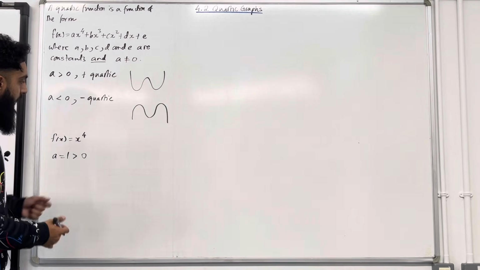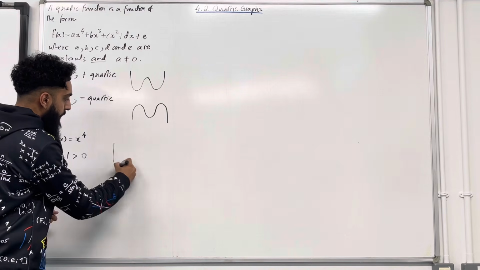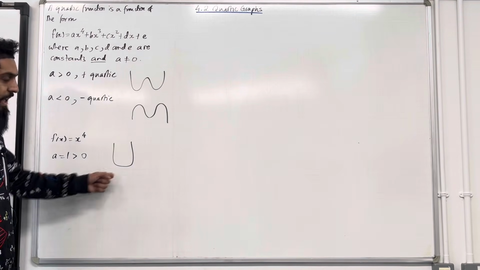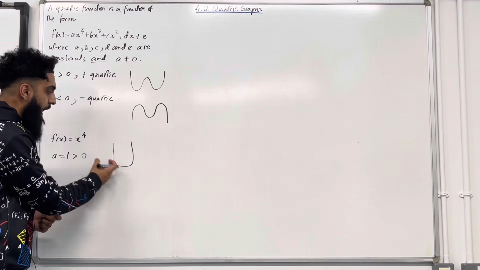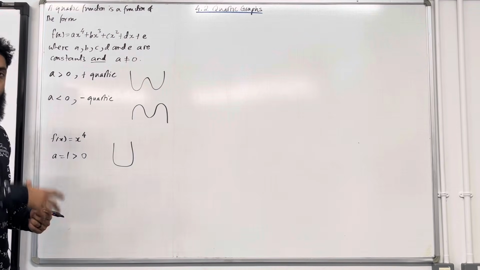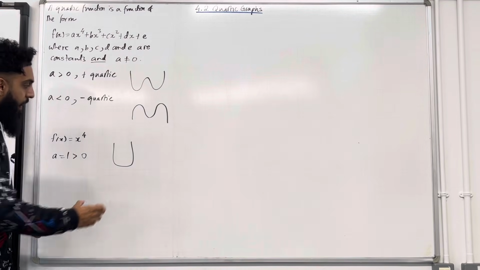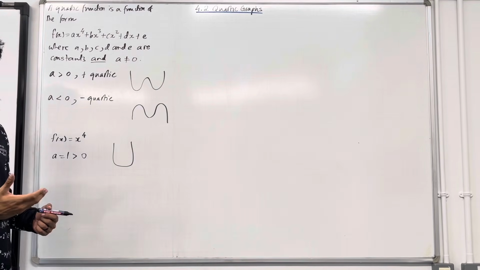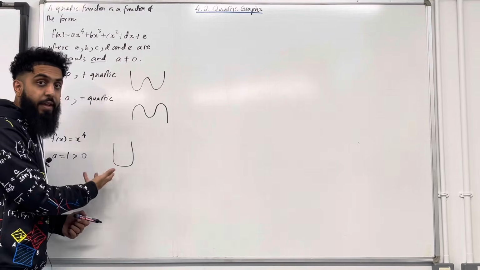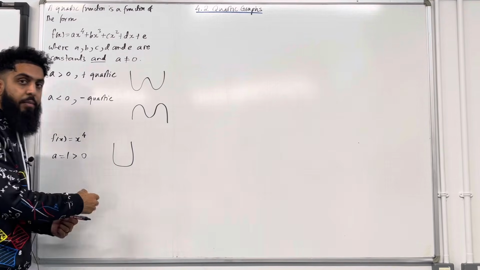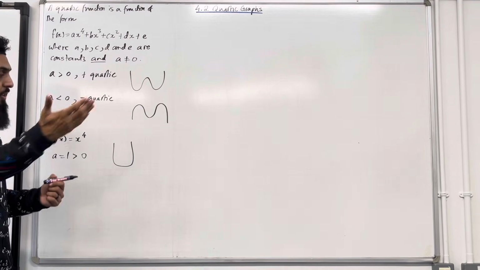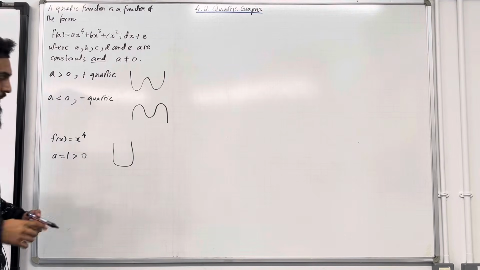Well, this graph over here will take a U shape. But notice that at the vertex we have a flat bottom. When we're looking at quadratic graphs, there isn't a flat bottom at the vertex. A flat bottom like this. So this flat bottom makes it unique in comparison to the quadratic graph.